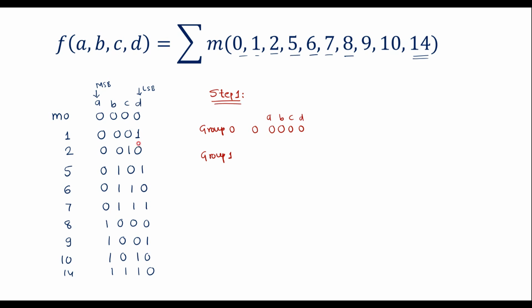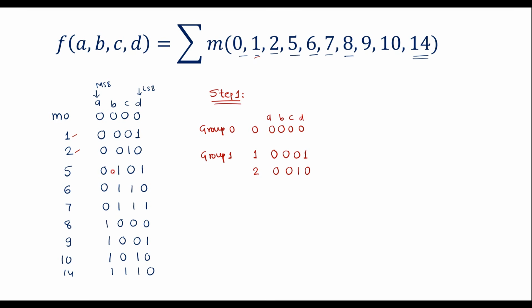Now I will represent group 1. I will consider the binary numbers which have only a single 1. Minterm 1 has a single 1, so I consider it in group 1: 0, 0, 0, 1. Similarly, 2 also has a single 1, so I consider 2: 0, 0, 1, 0.